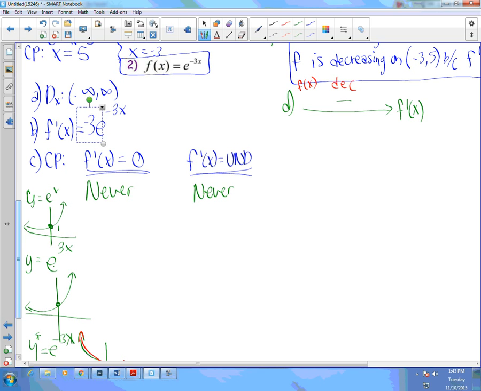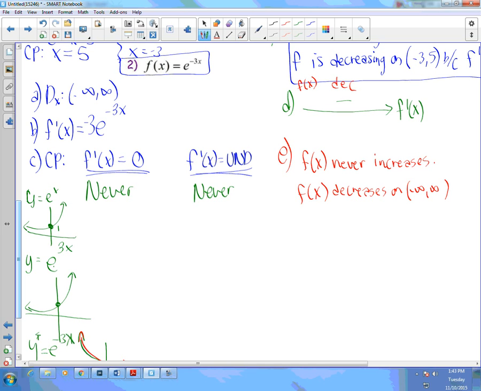Okay, so our answer is C, D, E. f of x is increasing where? Nowhere, right? Or you could say f of x never increases. f of x decreases on what's the interval?